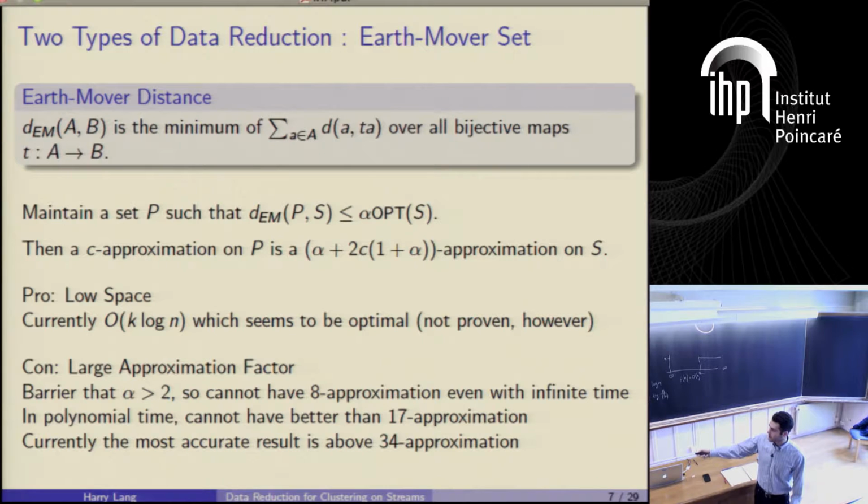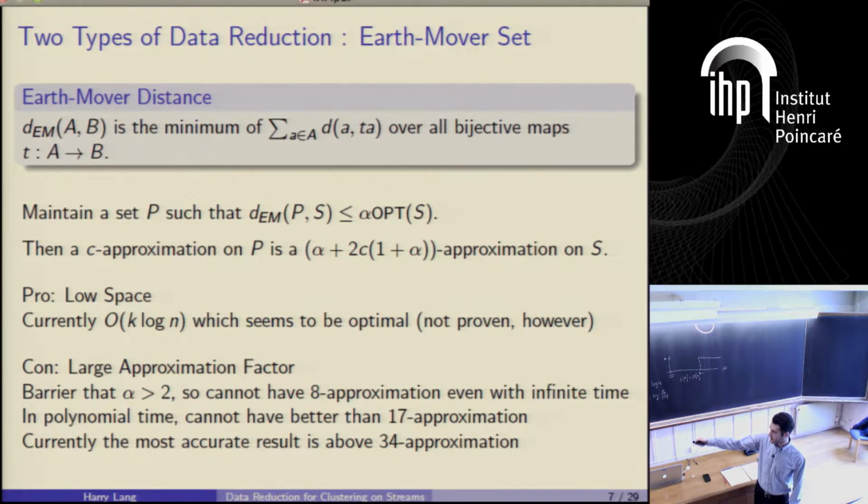The pro of this is low space, k log n. There's no proof that this is optimal, but it seems reasonable to expect it might be. The con is you get a large approximation factor.